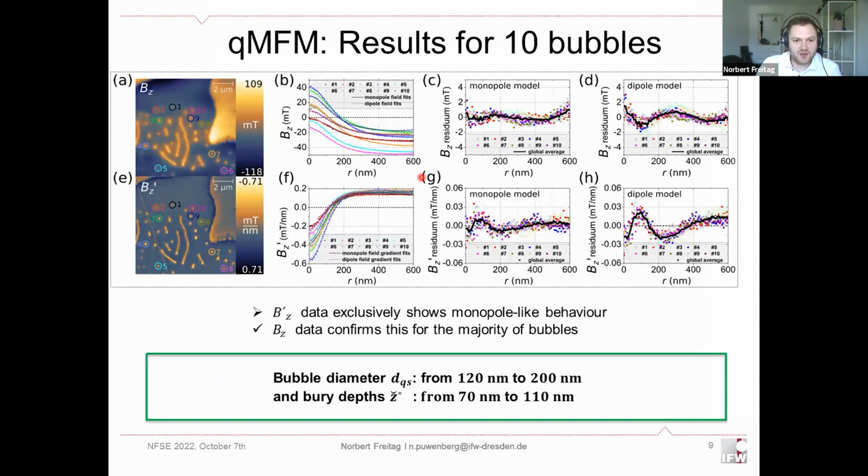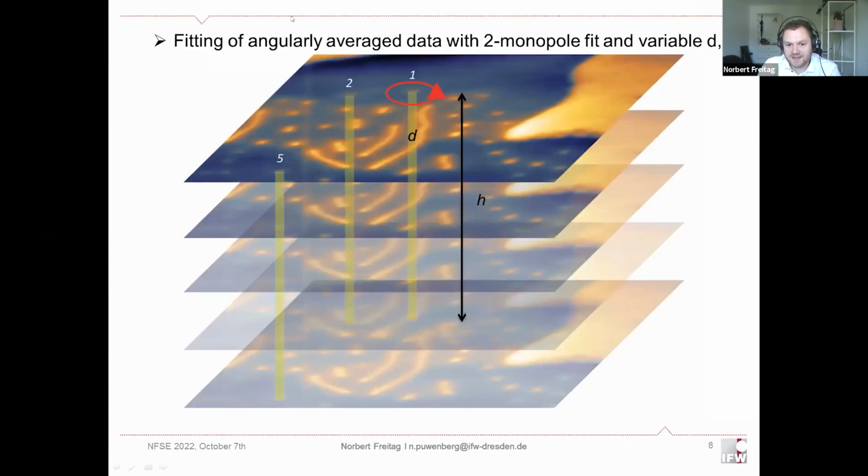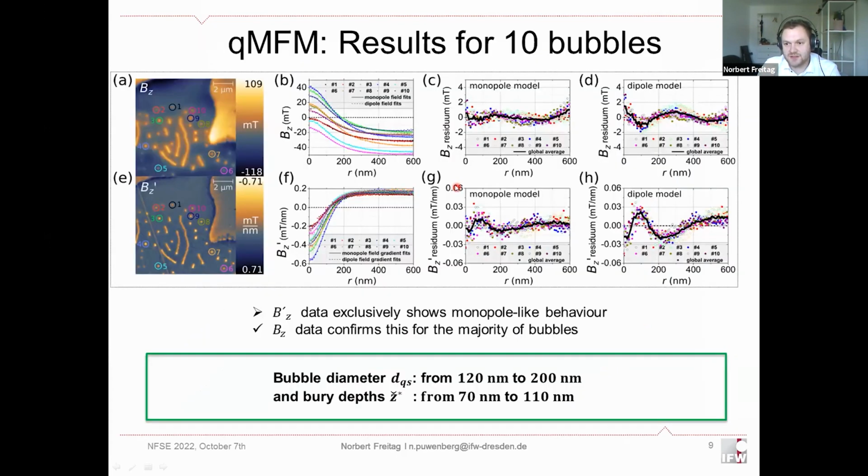And we check this not only for one bubble, but for 10 bubbles with a circle averaging. And this shows these global fits also show that the monopole model is more suitable. We have nice confirmation that we indeed have a pure monopole-like behavior of the bubbles, and some elongated structure into the bulk.